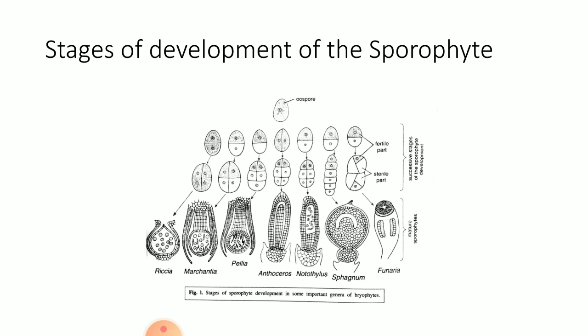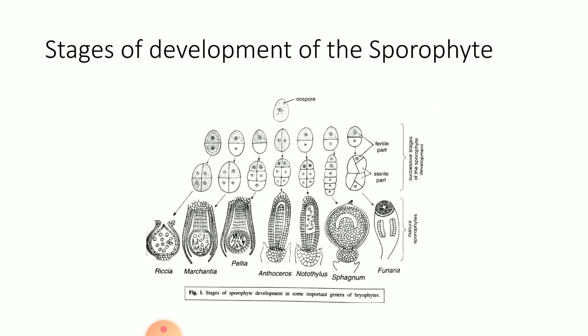This embryo, by repeated divisions, forms 20 to 30 undifferentiated cells, which later on are differentiated into an outer sterile cell layer, the amphithecium, and an inner mass of fertile sporogenous cells, the endothecium. The amphithecium forms the single layered capsule wall, and the endothecium becomes the archesporium.